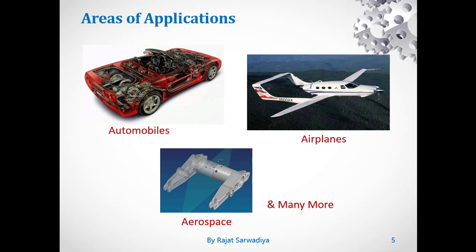That's why these industries prefer CATIA over any other software. It has a separate environment for freestyling, a separate environment for surface design, and also a separate environment for surface and wireframe design, which gives you flexibility to modify the shape or the surface in any manner you want to.